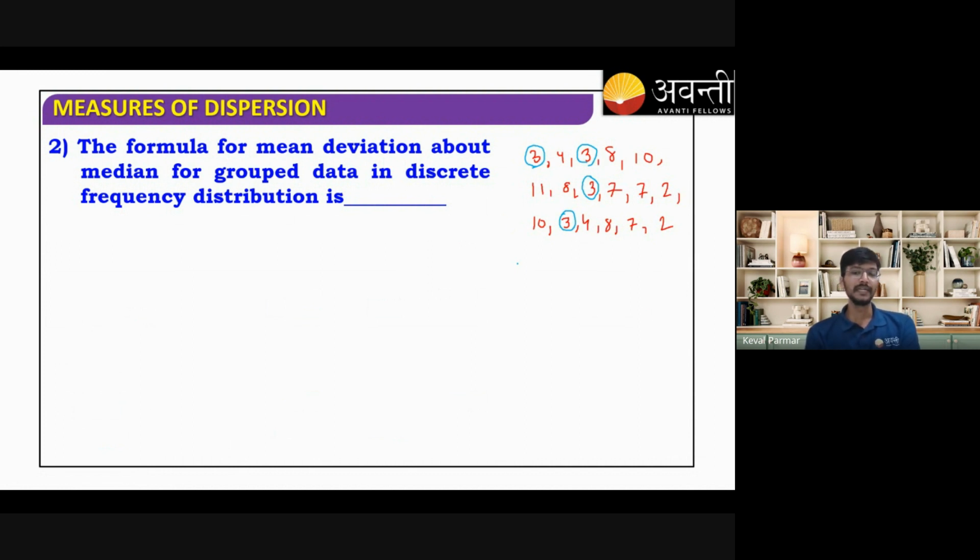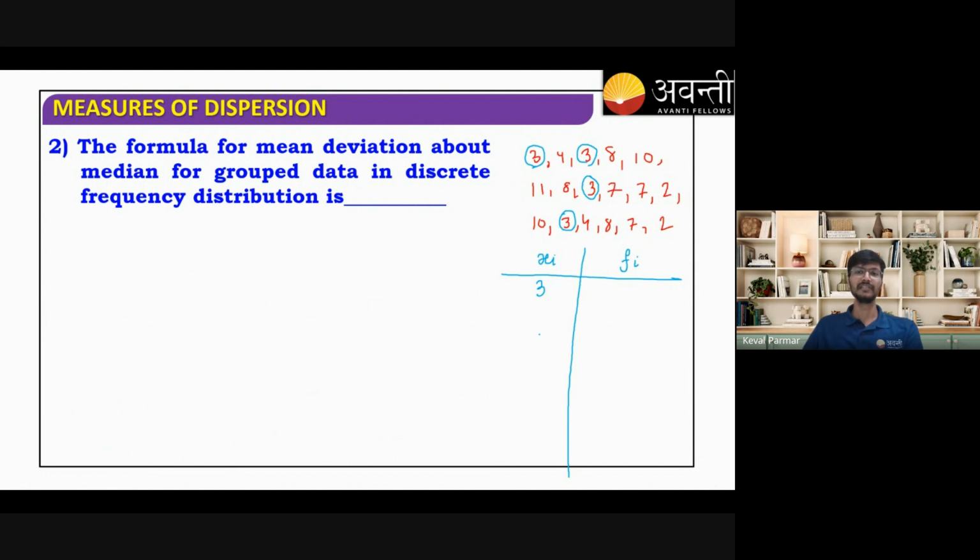Now, in grouped data, you can either form the class interval or you can directly get it without forming class intervals. I'll show you both. So here, if I try to group this without forming class intervals, here I'll get xi and here I'll get fi. For xi, we will take all those numbers which have uniquely appeared here in ascending order.